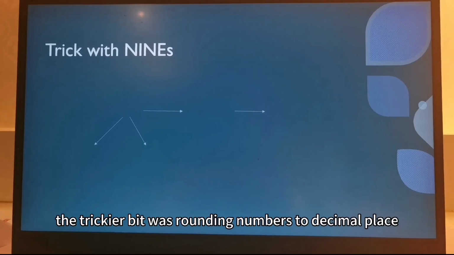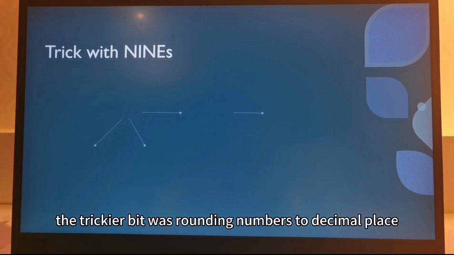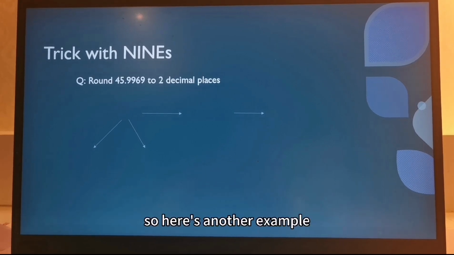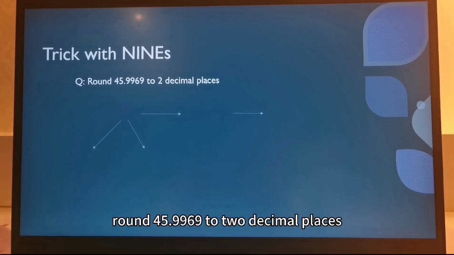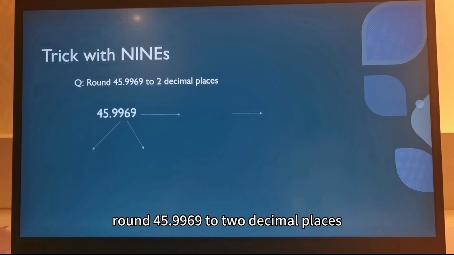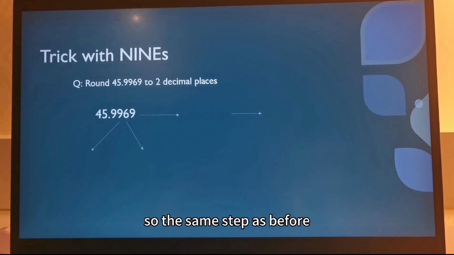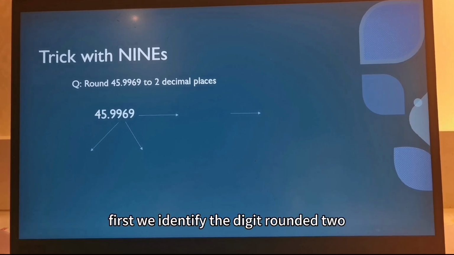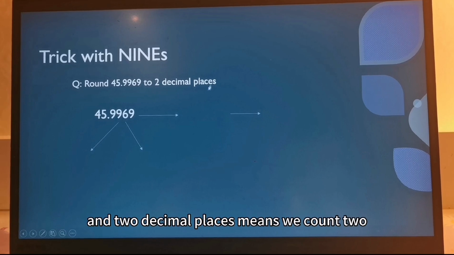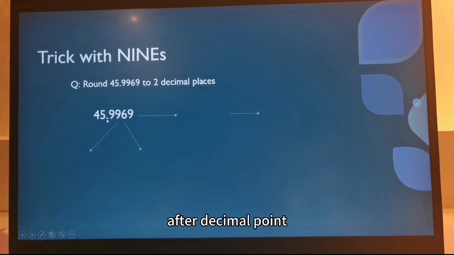The trickier bit with rounding numbers to decimal places is when you deal with nines. So here's another example. Round 45.9969 to 2 decimal places. The same steps as before: first we identify the digit rounded to, and 2 decimal places means we count 2 after the decimal point.